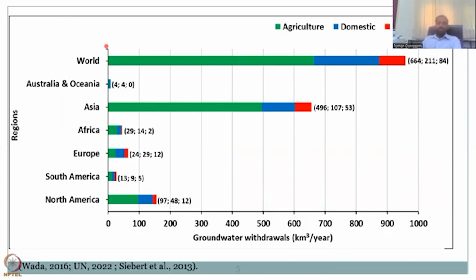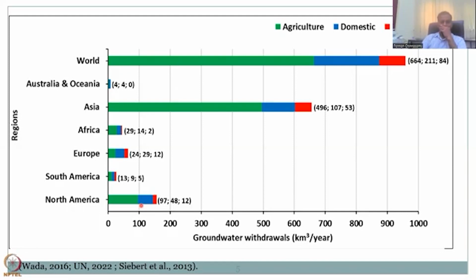Asia follows very closely to the world average because it leads the world average. But when you come to Europe, you can see that industry tops the agricultural water demand, and North America has more or less industrial water demand compared to the agricultural water demand, so almost 50%, I would say.